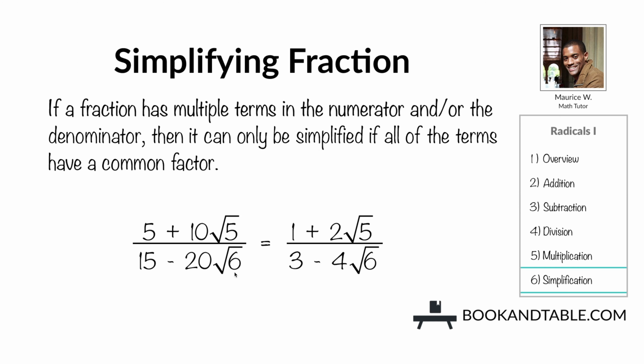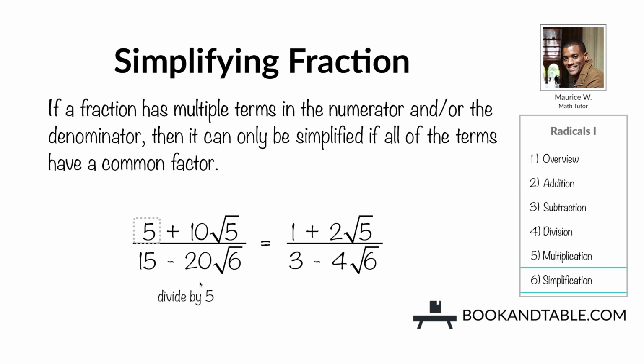Now in this example, we have two terms in the denominator, so we'll need to make sure that both the integers and both the coefficients are all divisible by the same number in order to simplify this fraction.